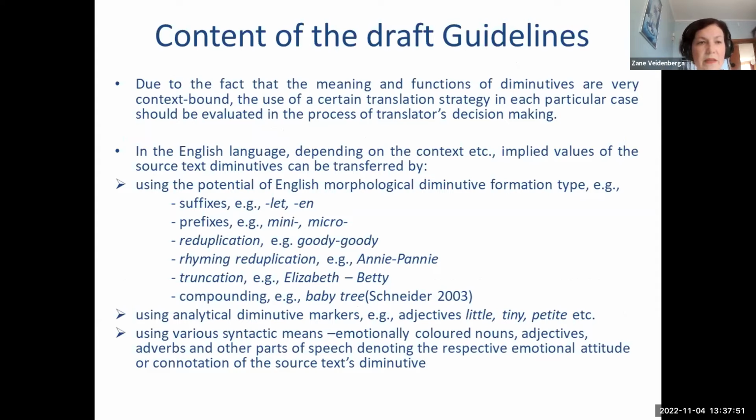Just very briefly about the content of the guidelines that I have devised.